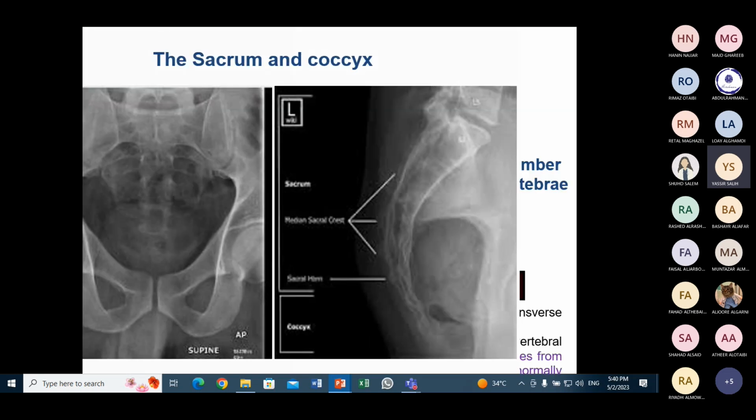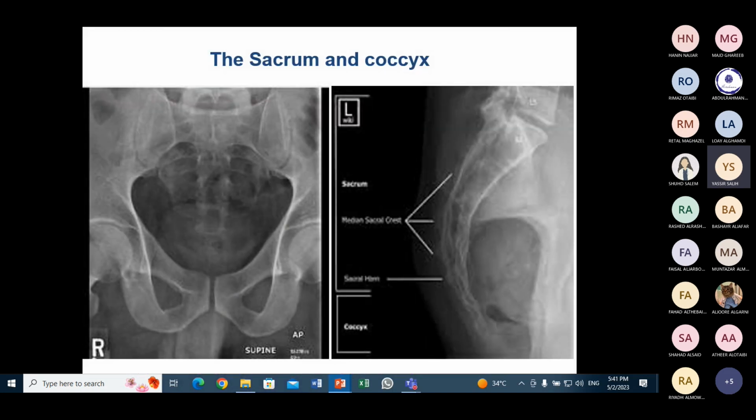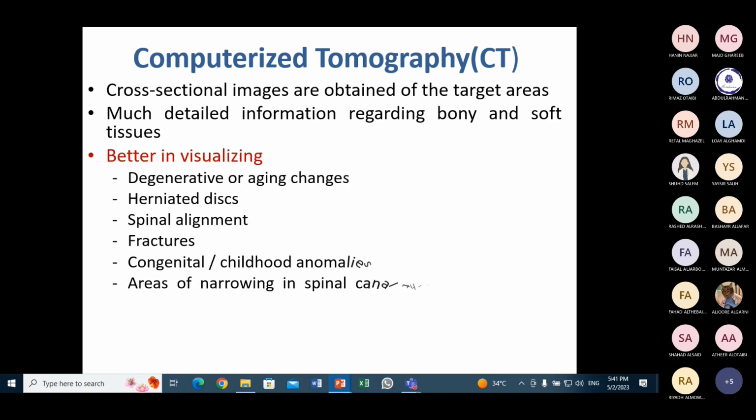Even if we have a herniated or bulging disc, it cannot be demonstrated on plain X-ray, because, as we know, the disc consists of two parts: the central part, the nucleus pulposus, and the peripheral part, the annulus fibrosus. The nucleus pulposus contains gelatinous fluid, so it appears gray, and the annulus fibrosus is fibrous. Therefore the disc itself cannot be seen, whether normal or abnormal, on plain X-ray. But in CT it can be demonstrated. Still, MRI is the best for assessment of herniated disc, as we will explain.